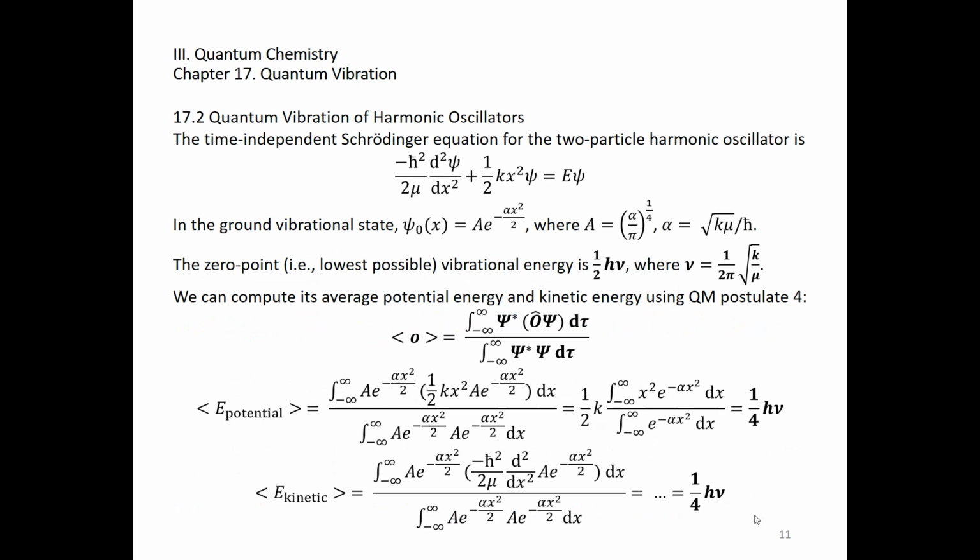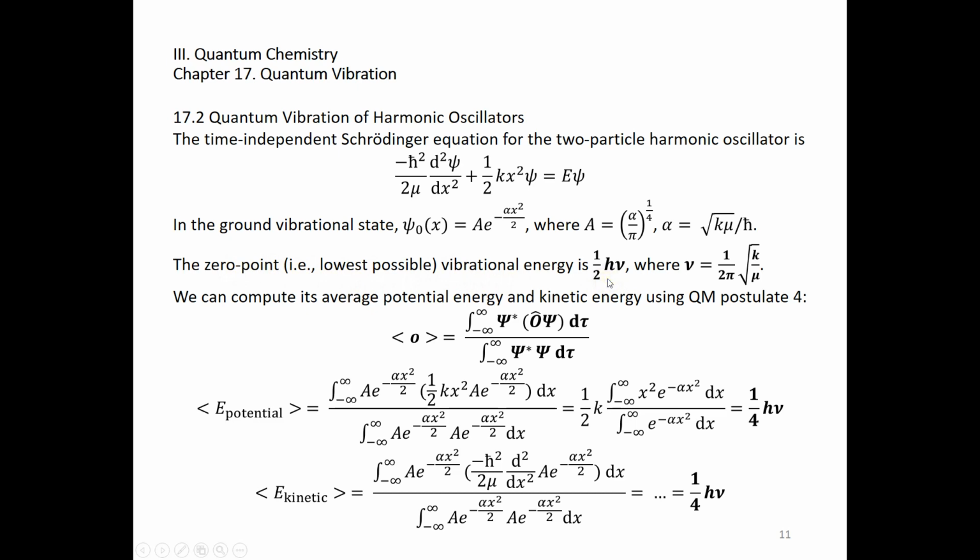The time-independent Schrodinger equation for the two-particle harmonic oscillator is this. We verified that this is the eigenfunction, and A is normalization factor, alpha is defined to be the square root of k mu over h bar for convenience, and we have derived the zero point or lowest possible vibrational energy, which is half h nu.